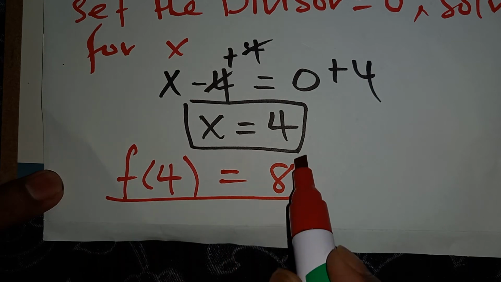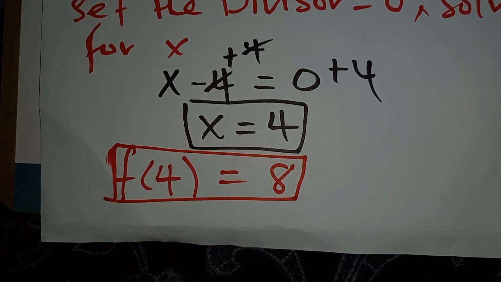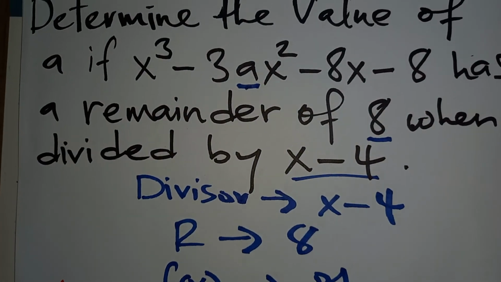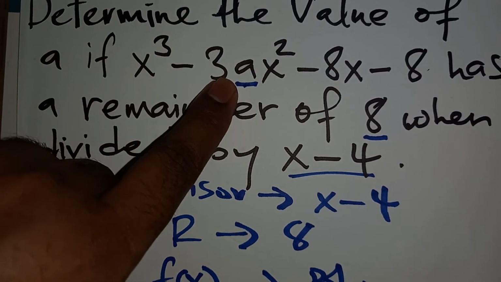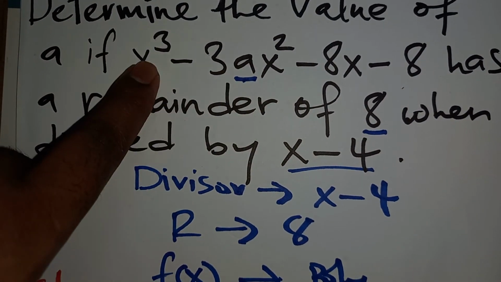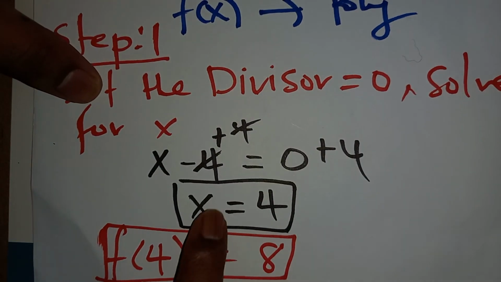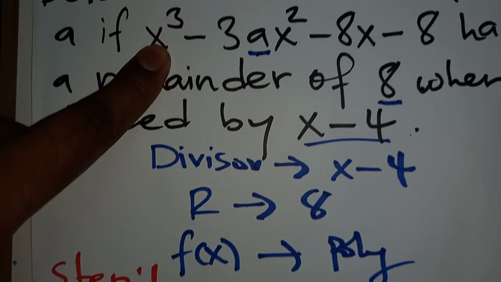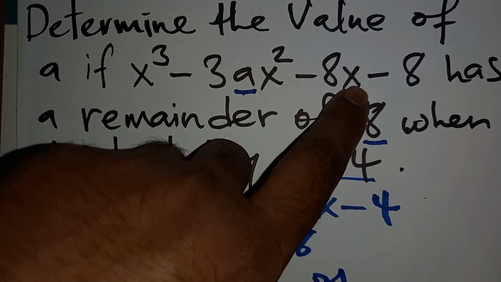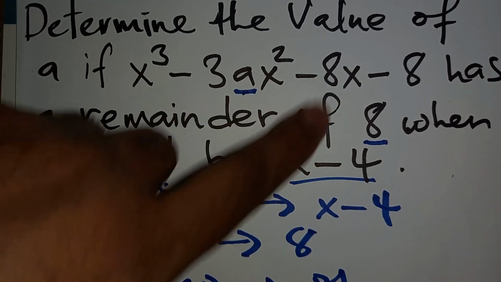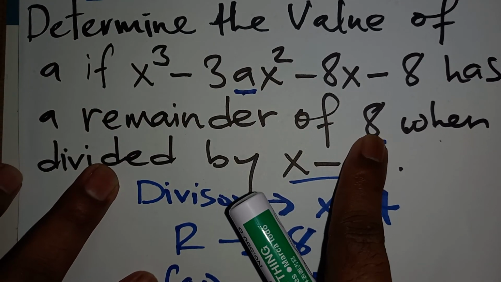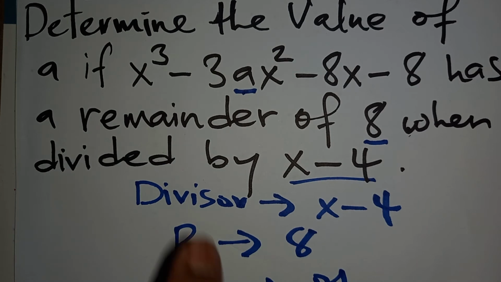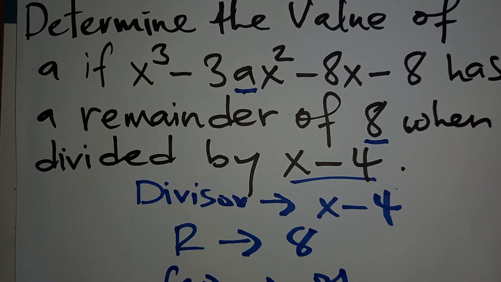This is what I know because the question already stated this, right? But we have to find the value of a. So all these places we are going to substitute x is equal to 4. So wherever you see x, you'll put 4 there, 4 there, 4 there, and this will be equal to our remainder, which is 8. Then from there, algebraically, we are going to solve for the value of a, right? So let's do step 2.